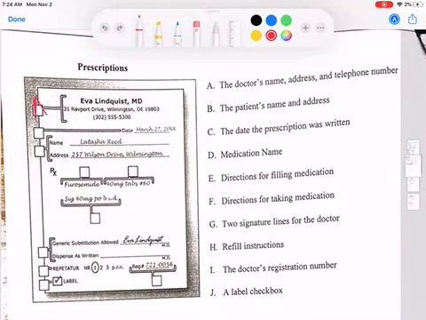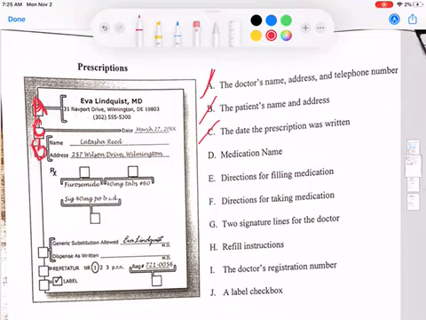Top of it should always have the doctor's name, the address, telephone number of where they're practicing, so where the doctor's office is. Underneath that, B should be who it's going to, the patient's name, and the address of the patient needs to be with it. And very important, the date that the medication gets prescribed. So A, B, and C, those are the top three things.